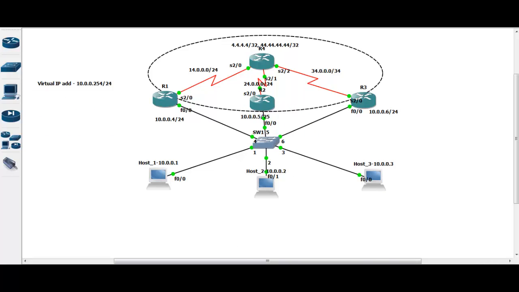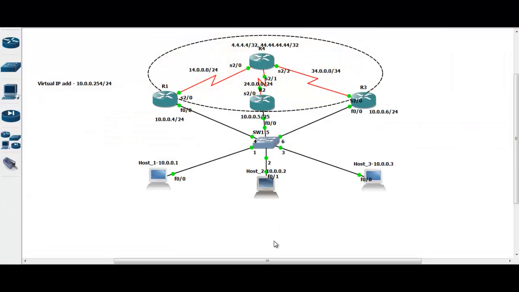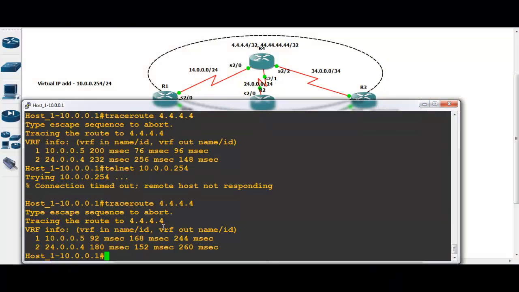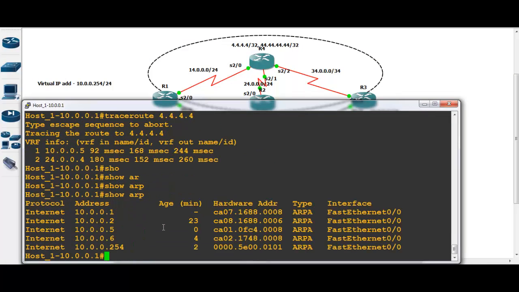So let us clear the ARP and try on R1. Show ARP. So this has the MAC address, see. You can easily identify what MAC address it is. It is the VRRP MAC address. Because it is here, the traceroute is happening.